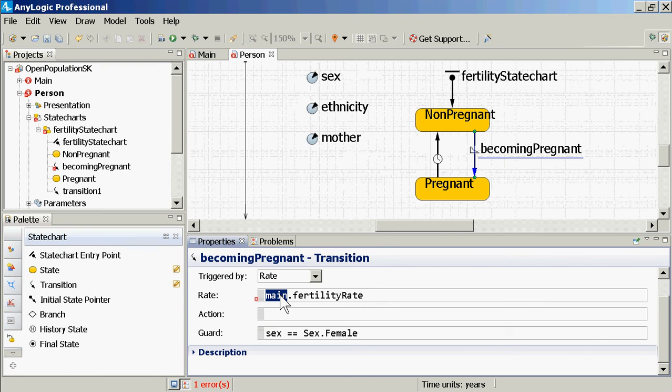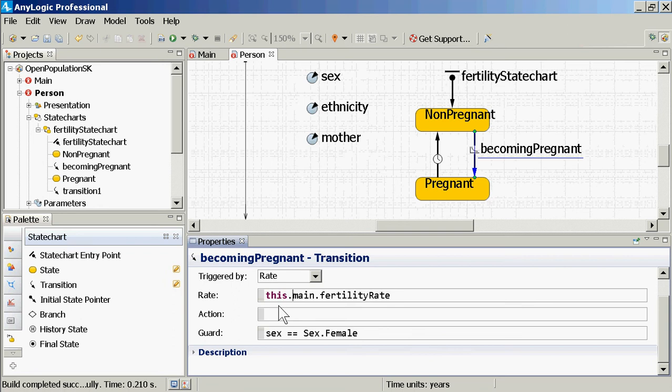Some people may remember it. I think all of us who've had experience with AnyLogic have used it many a time. But here, to be consistent with my notation, I like to say it this way: it's the main associated with me is fertility rate. But you don't have to say that, okay? It just makes it clear who's the basic person being acquired.